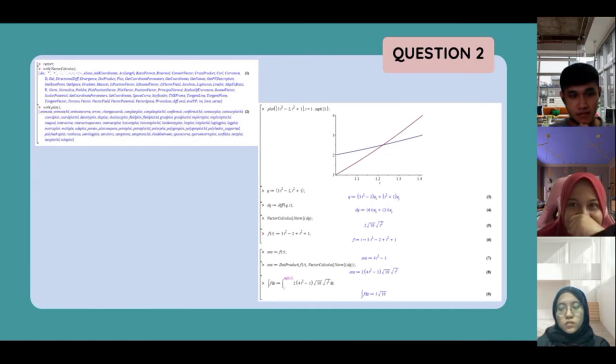And finally, we can find the scalar field integral, which we write as the integration of f ds colon equals the integration of 2(4t squared minus 1) times root 10 times t from 1 to square root 2, and we finally get 5 root 10, which is the same answer as the manual calculation. So I think that's all from us. Thank you.